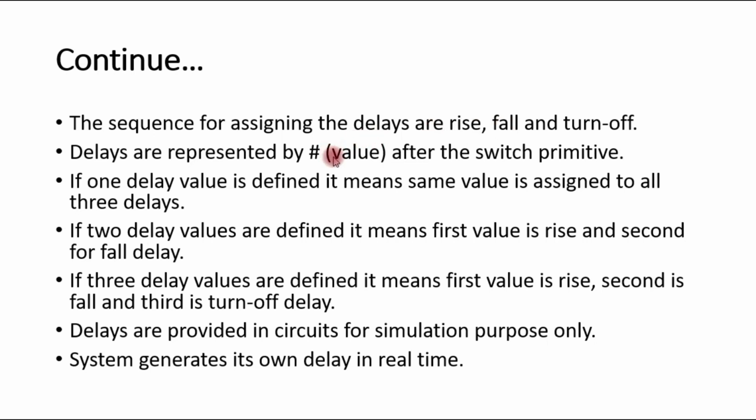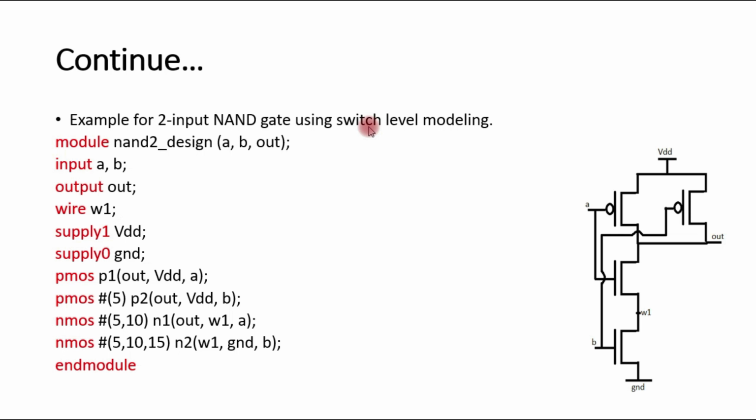If we apply three values in the bracket, then the first value reflects rise, the second is fall and the third value is turn-off delay. Delays are provided in the circuits for simulation purposes only, because Verilog HDL is used for modeling of the hardware. Example is here, and here we are using the concept of delays.